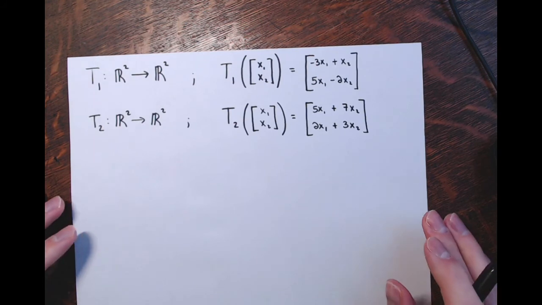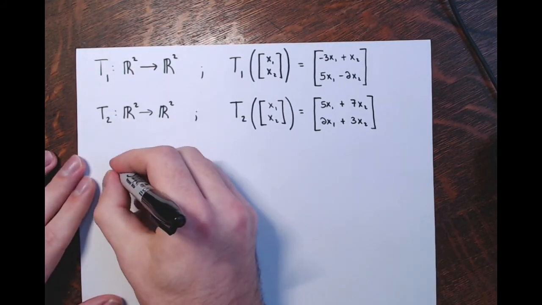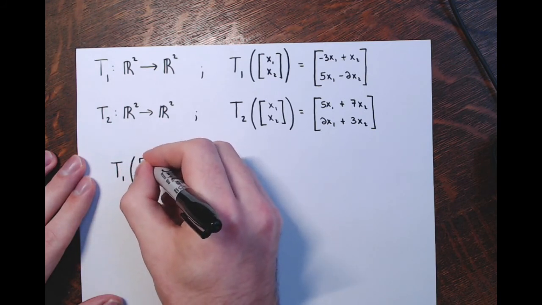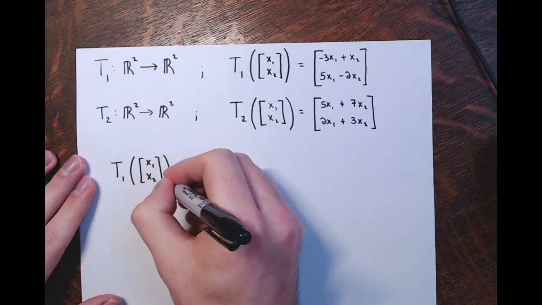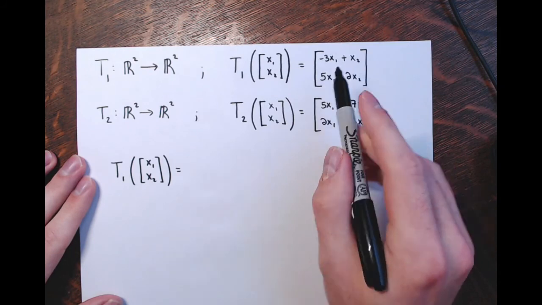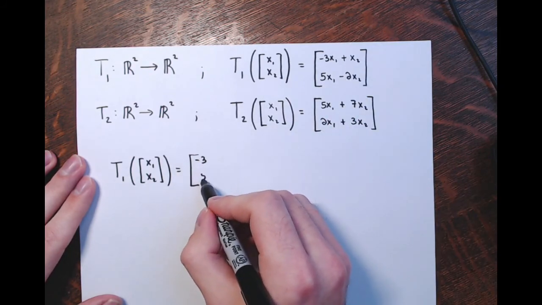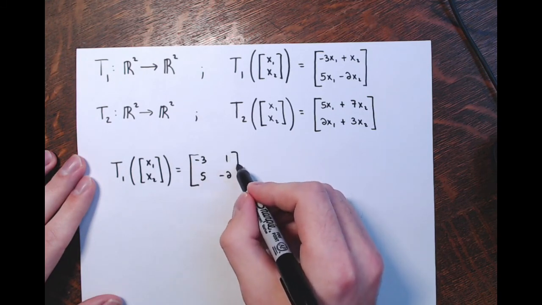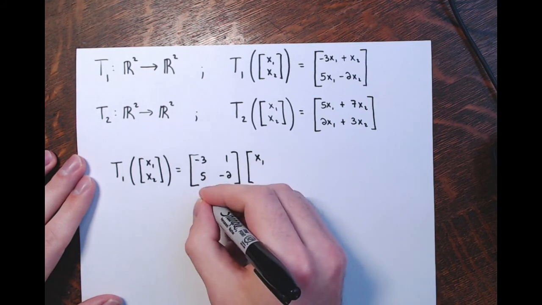Okay, so here are the two transformations given to us. Now T1 of x1, x2 here. Easily written as a matrix transformation, right? It would be a 2 by 2 where you have negative 3, 5 as the first column, 1, negative 2 for the second column. Right, there's your standard matrix, A1.